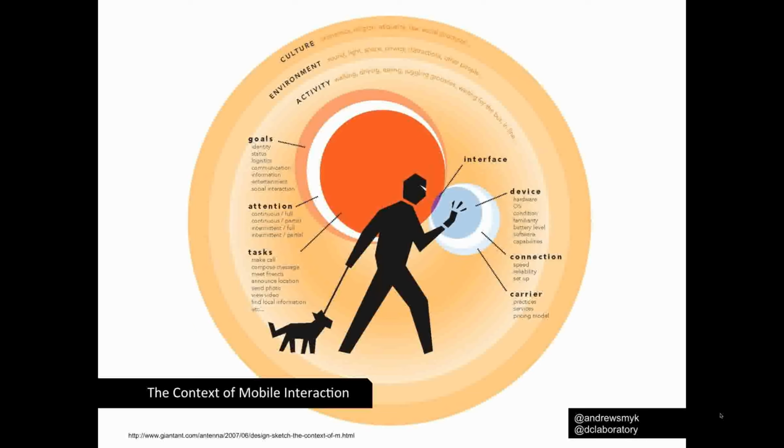We're dealing with a person out and about, doing some kind of activity. They have a device, there are connection issues with speed and reliability, and they have some goals. They're wondering what their attention span is, and they're multitasking. In all of that, we only have a small sliver to give them an interface that's actually usable and allows them to do what they want to do.